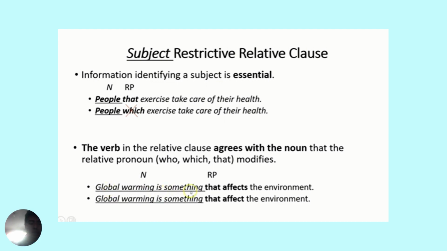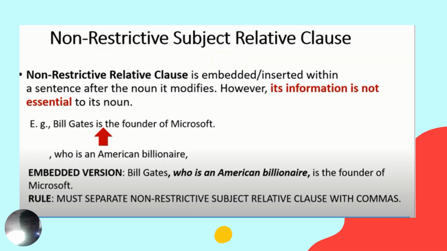Let's talk about non-restrictive subject relative clauses. What makes non-restrictive clauses different is that the information is not restricting the sentence. Non-restrictive relative clauses are inserted within a sentence after the noun being modified. However, their information is not essential to what is known.